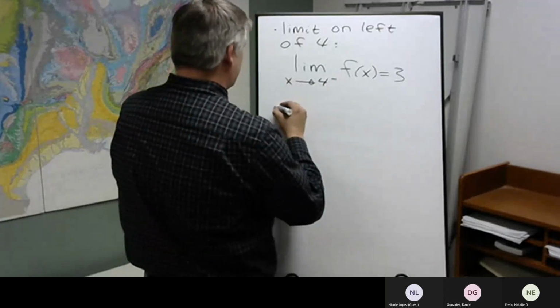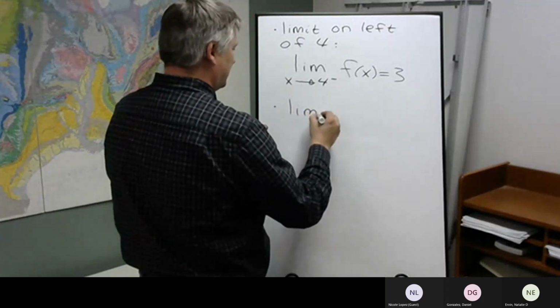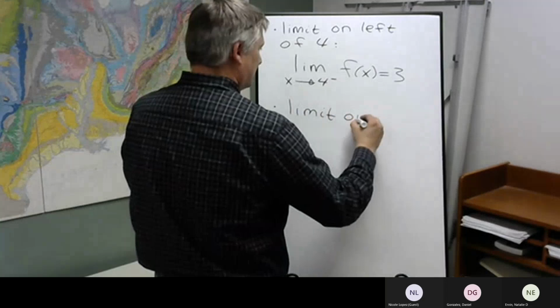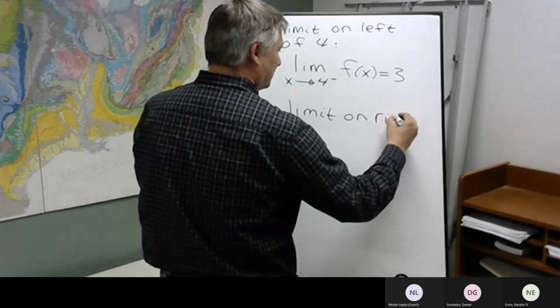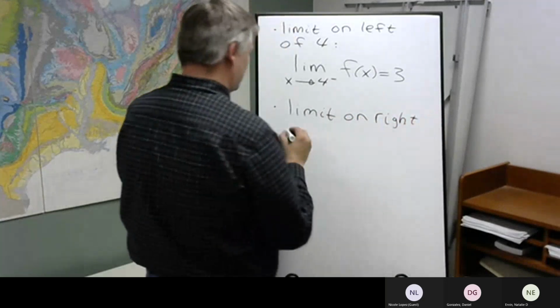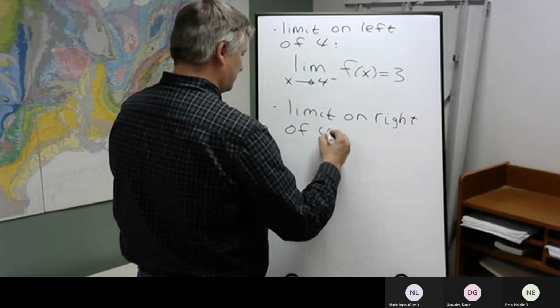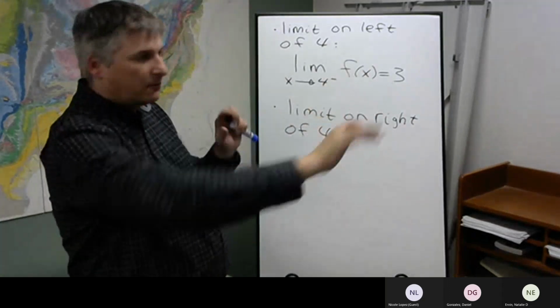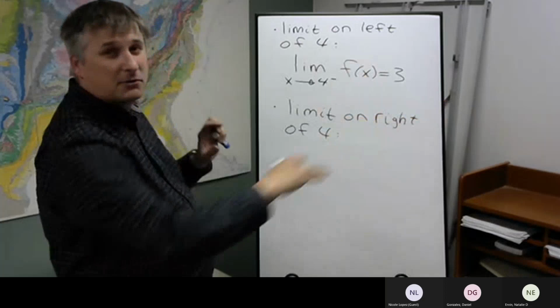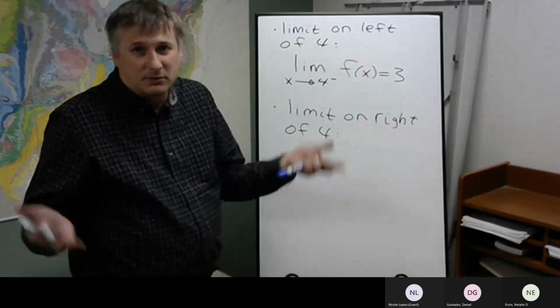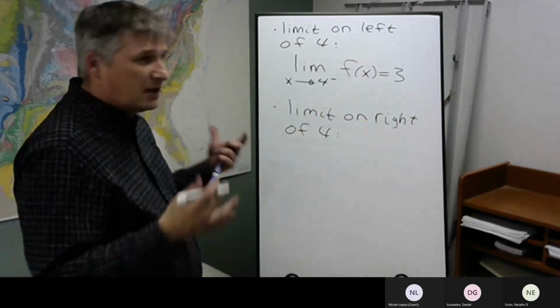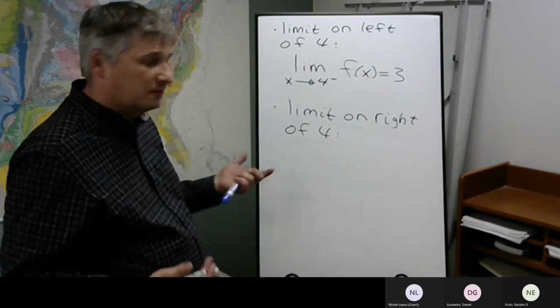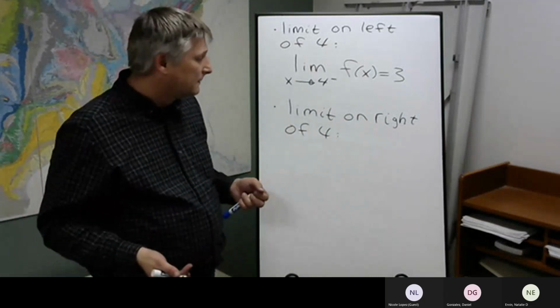So to express the limit on the right of 4, if you look at what's on the right side of 4, if you keep going farther and farther to the right, you're going to be in positive numbers. If you're not in positive numbers already, well, for 4, you already are there.